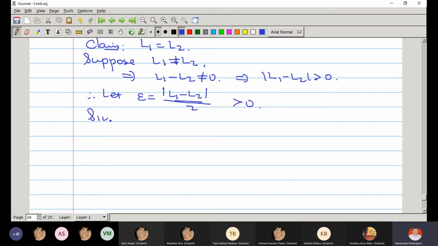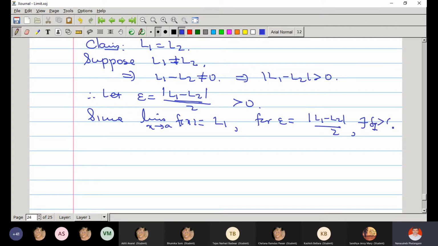Now, since limit x tends to a, f(x) is L1, by definition of limit, for any epsilon we can produce a delta. In particular, for epsilon equal to |L1 minus L2| by 2 there exists a delta.